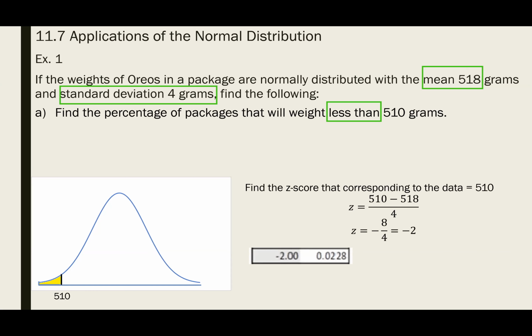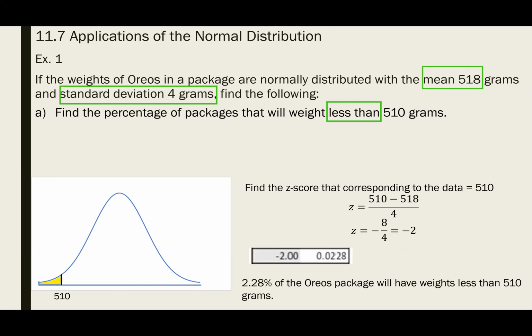Hopefully you guys say yes, because the area to the left is the percentage on the table. So all we need to do is convert this decimal to the percentage and interpret your solution. The solution would be, there will be 2.28% of the oil package weigh less than 510 grams.